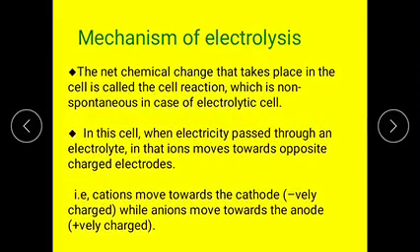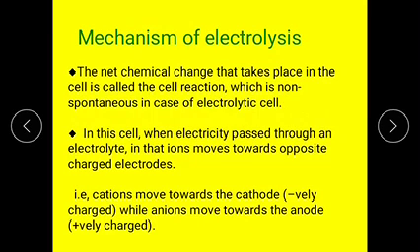Now let us see the mechanism of electrolysis, the working of the electrolysis. The net chemical change that takes place in a cell is called a cell reaction, which is non-spontaneous in the case of an electrolytic cell. In this cell, when electricity is passed through an electrolyte, the ions move towards oppositely charged electrodes.